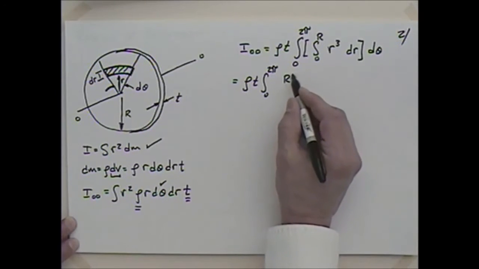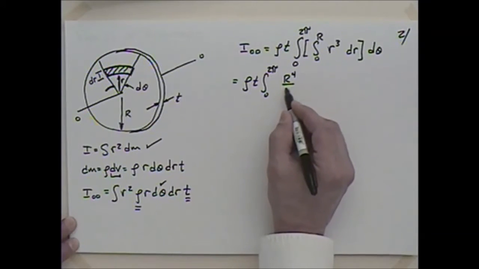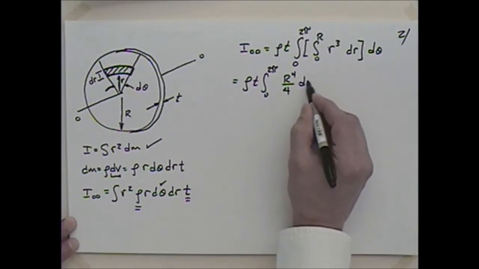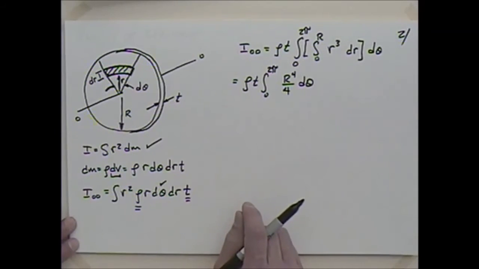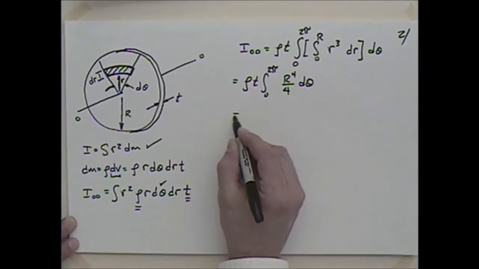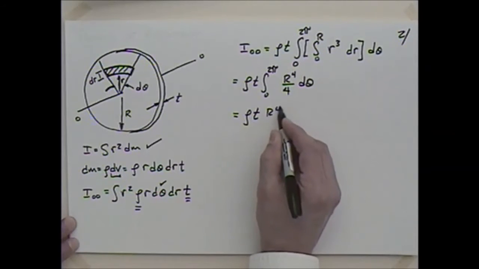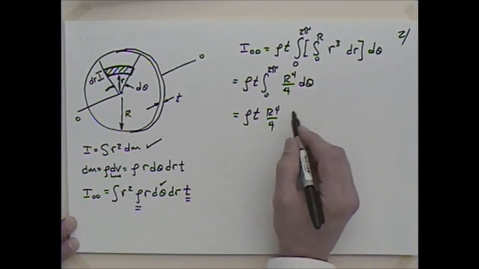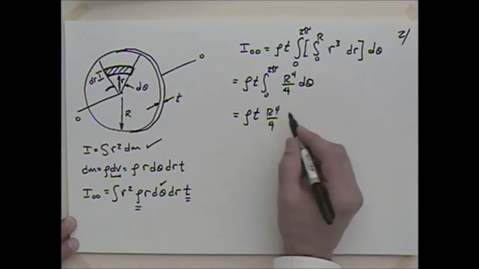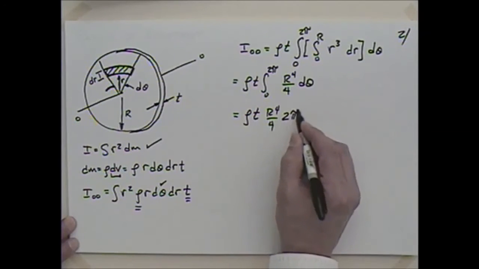R to the 4th divided by 4 d theta. Okay, which when you go through the integral there, you're going to have rho times the thickness times r to the 4th divided by 4 times 0 to 2 pi. That would give us 2 pi, wouldn't it?